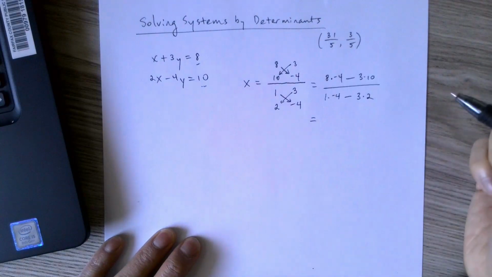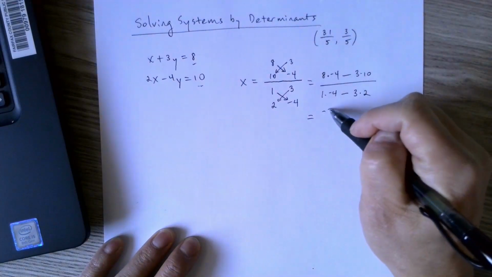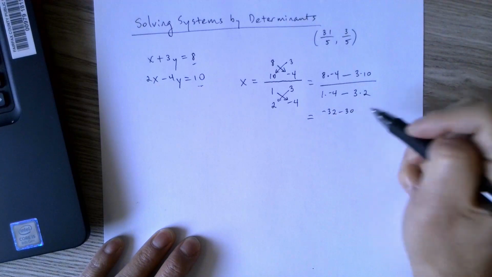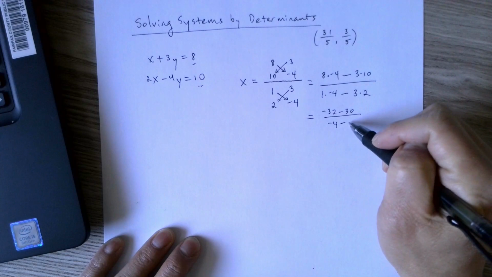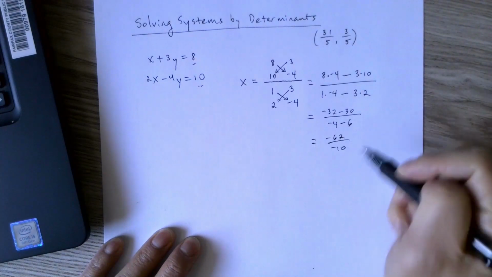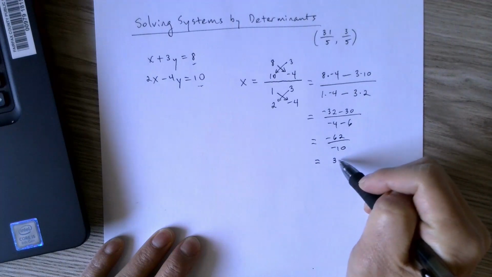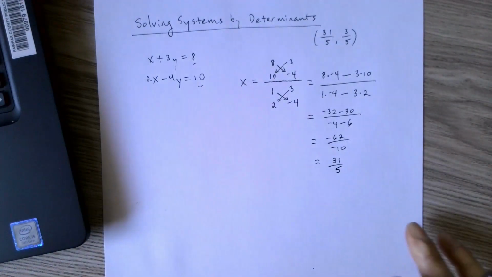And then all I have to do is simplify all this stuff here. And I get my 31 over 5.